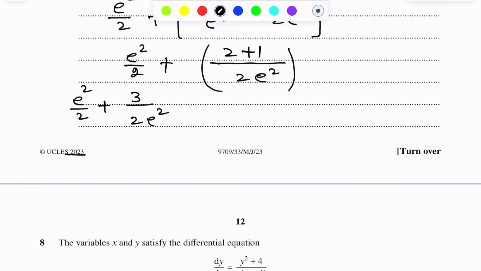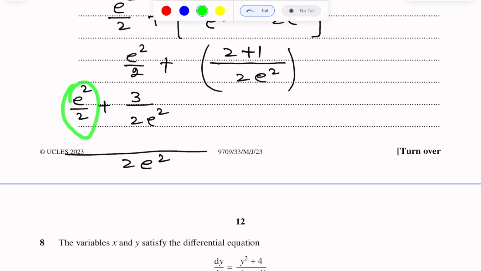Once again we are taking LCM. 2 e square is the LCM of these two fractions. e^4 plus 3.